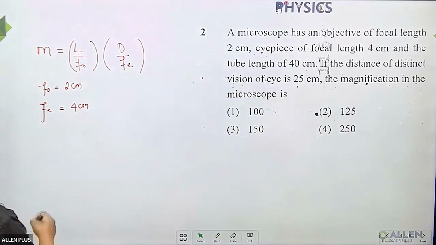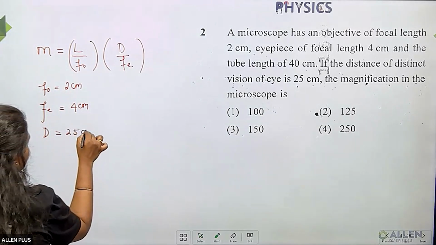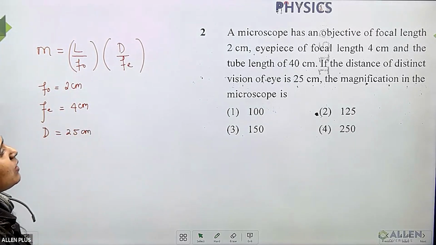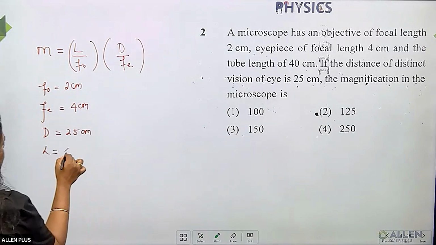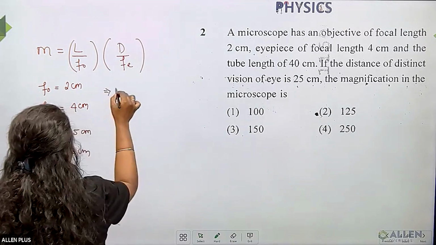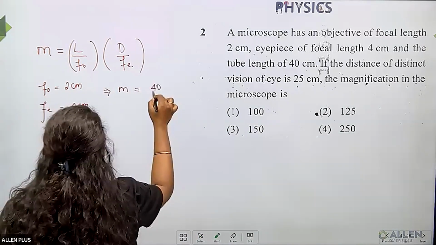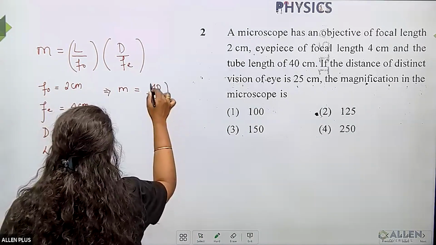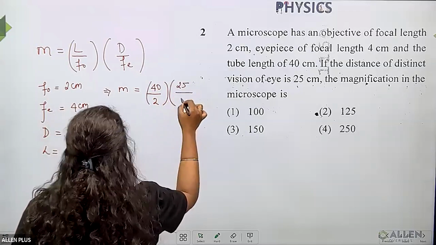The distance of distinct vision, capital D, is 25 centimeter, and the tube length of the microscope is mentioned as 40 centimeter. So just by substituting all these values, we would be getting the magnification of the microscope. So m equal to 40 divided by 2 into 25 whole divided by 4.